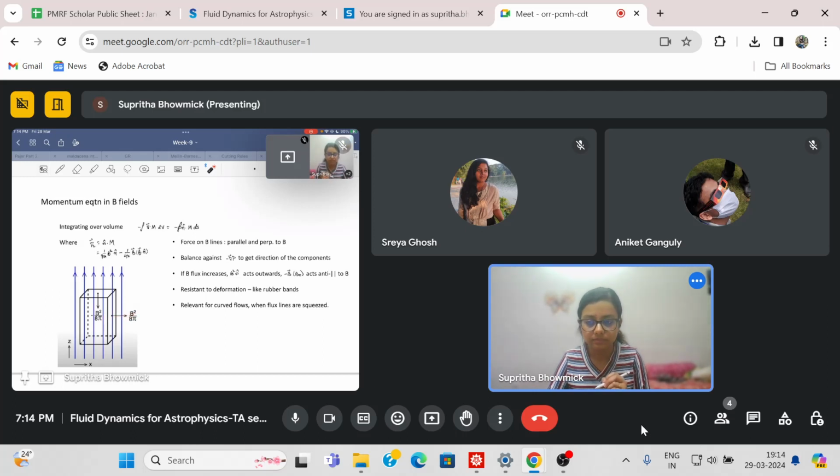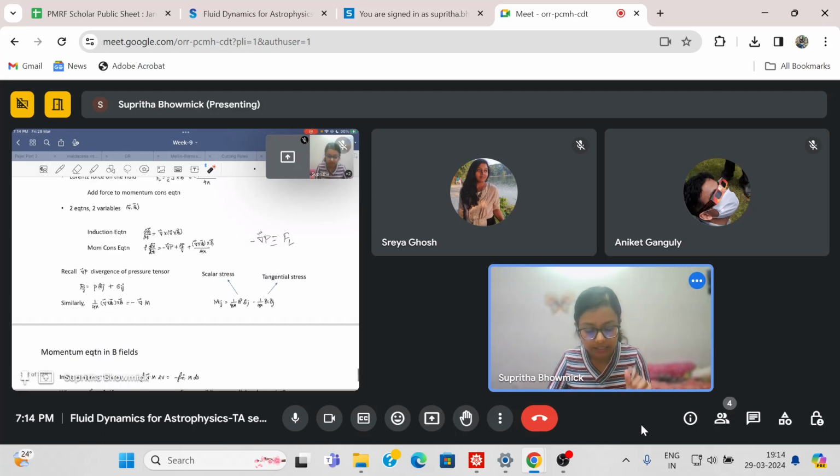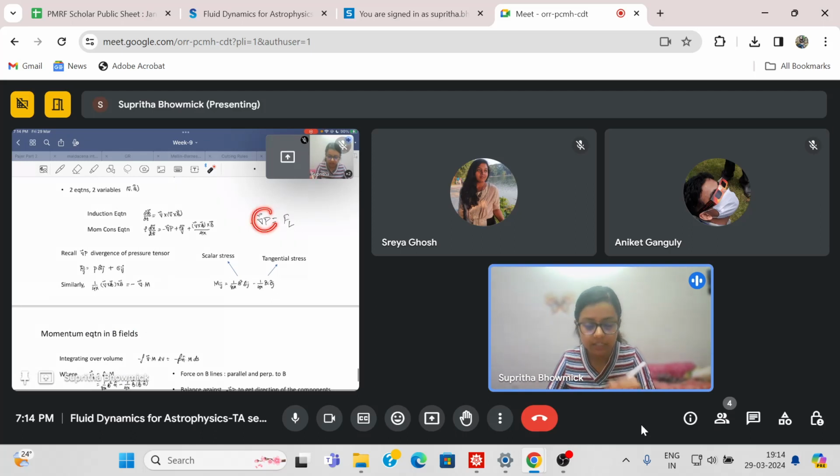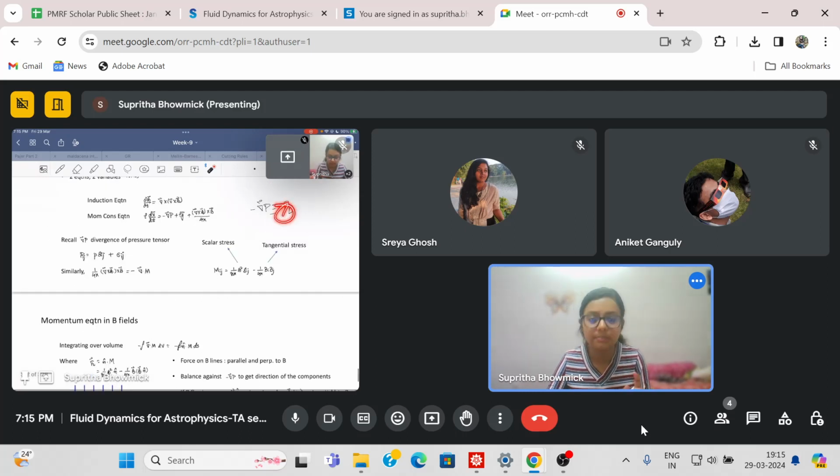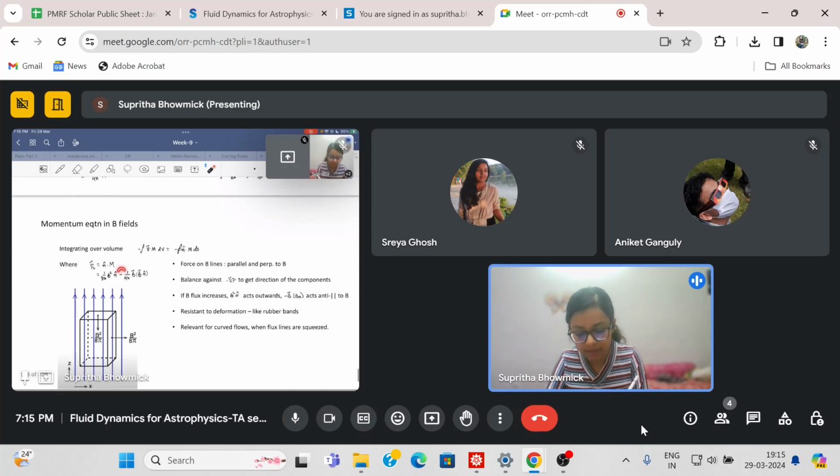Okay. And let's say, once again, you consider a surface over here. The pressure would be acting in this direction. But FL on the right hand side that balances this pressure comes with a minus sign, right? So this minus sign will be along this direction.